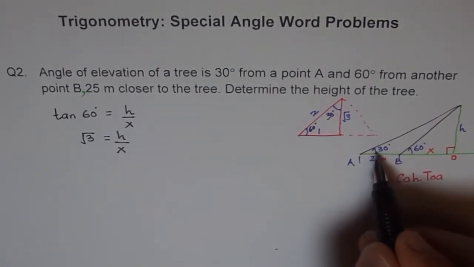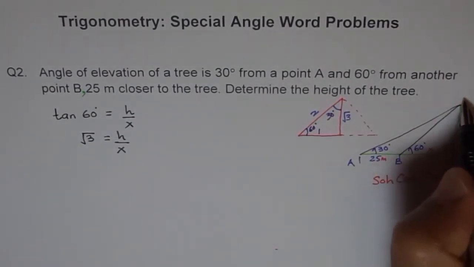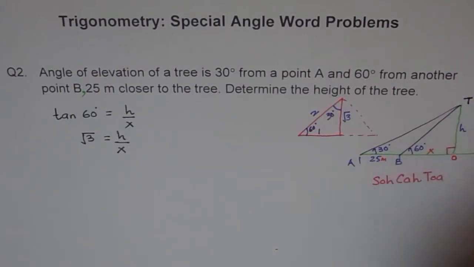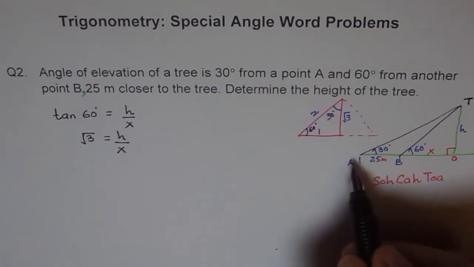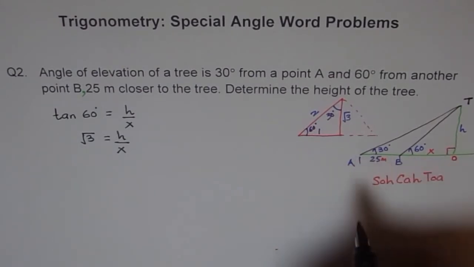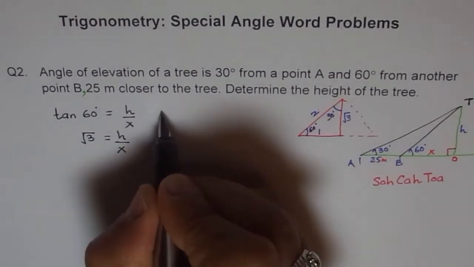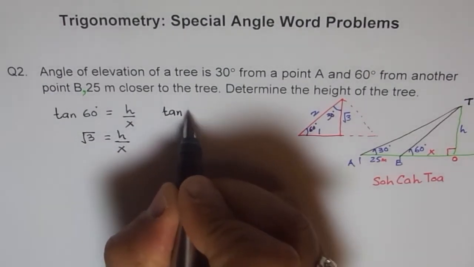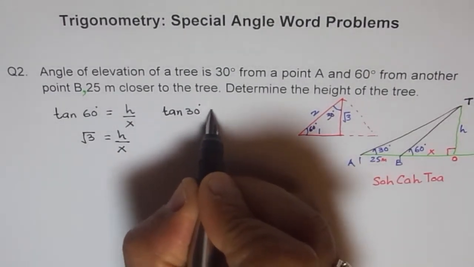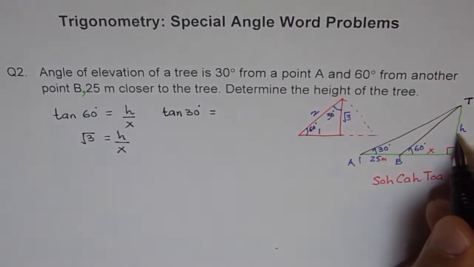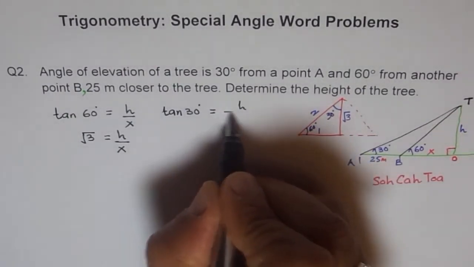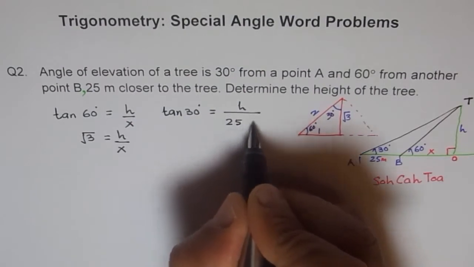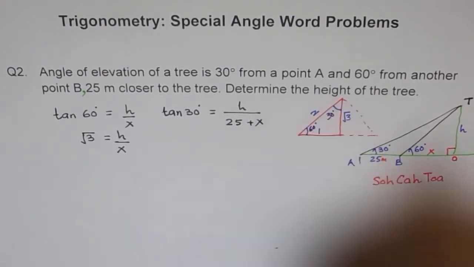Now we'll use the bigger triangle. Let's say this is treetop T, okay? So bigger triangle is TAO, and in this triangle, tan of 30 degrees is how much? We say tan of 30 degrees is equal to h over 25 plus x.